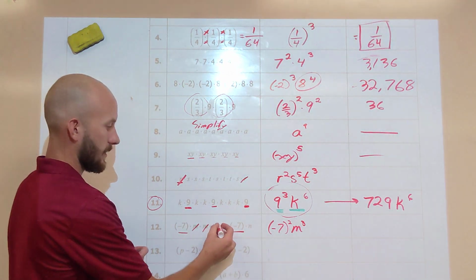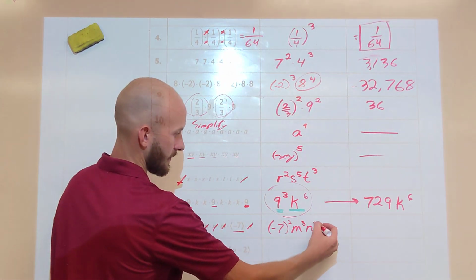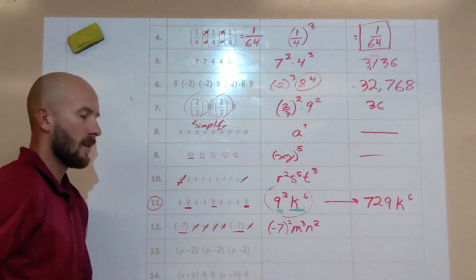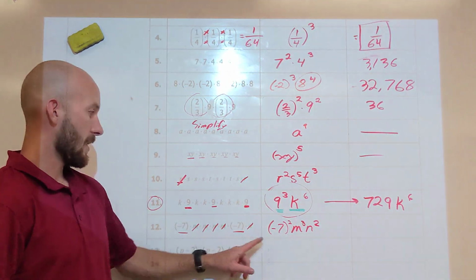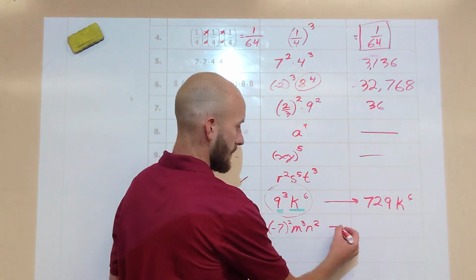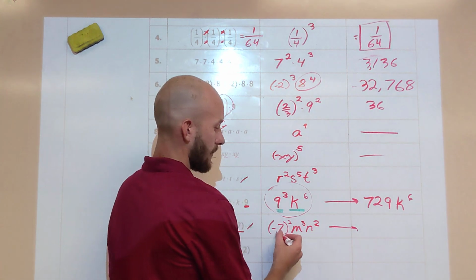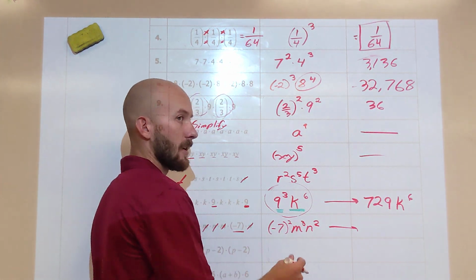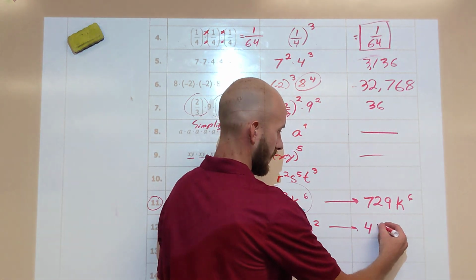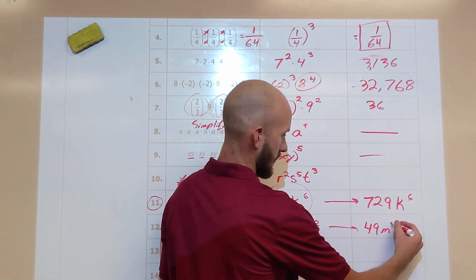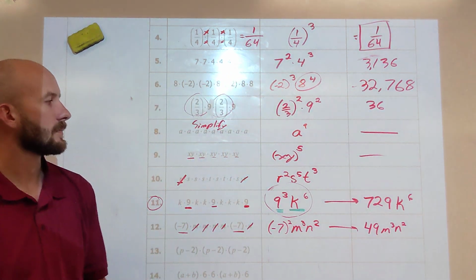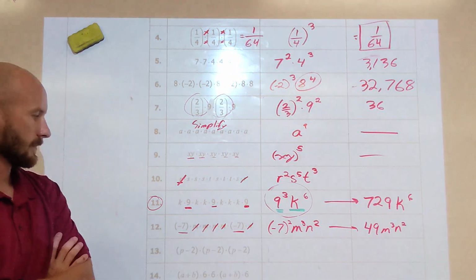And then N to the second. Okay. And then yeah, I can simplify this. It would be, because it's going to be negative times the negative is positive 49. And then we have that. And that's it.